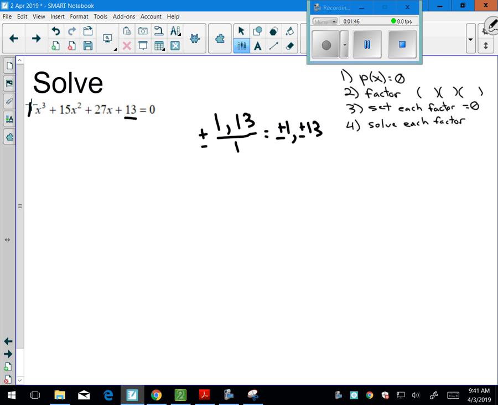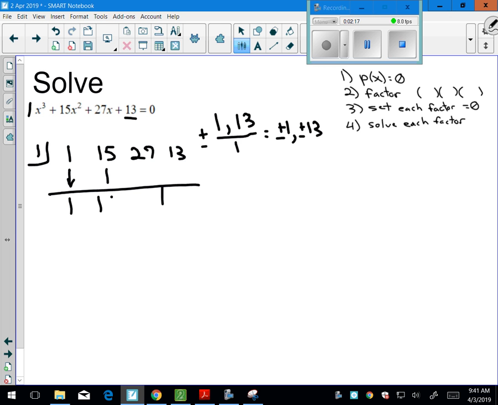I'm going to start with positive 1, and I'm going to synthetically divide using the positive 1. When I write out my coefficients, this is 1, 15, 27, and 13. I'm looking for a remainder of 0, which will be under the 13. So I bring down the 1, multiply that by 1, I get 1.